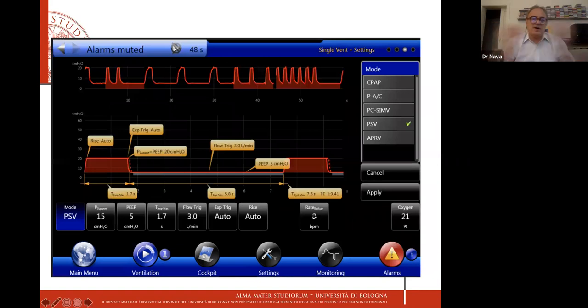And also, you may go to a different page of the screen to immediately realize how you set everything: how you set the expiratory trigger, the rise time, the flow triggering, the PEEP, and so forth.